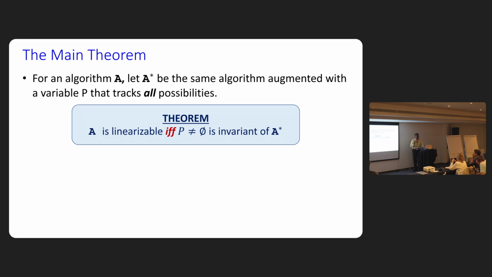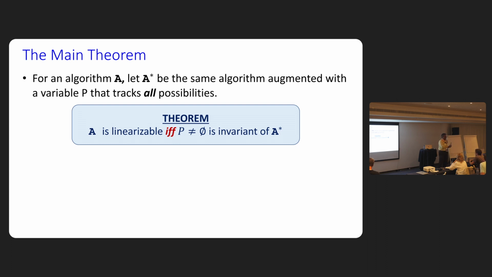Any thoughts or questions? Yes. What does it mean to say something is an invariant of A star? Okay, a very good question. I should have said that. Take any statement, for instance, P not equal to empty.